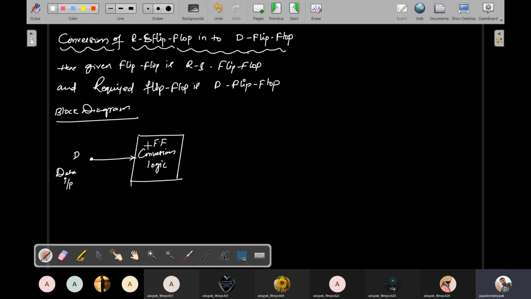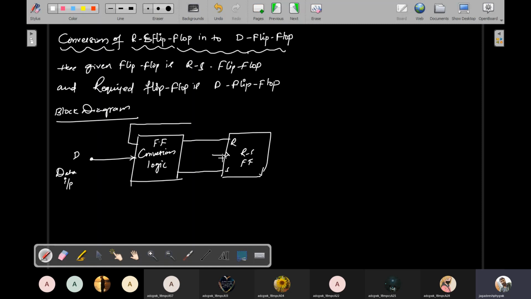And simply take the combination. Here the given flip flop is simply an RS flip flop. This RS flip flop has R and S terminals, and the output of this conversion logic is connected to the reset pin and set pin.